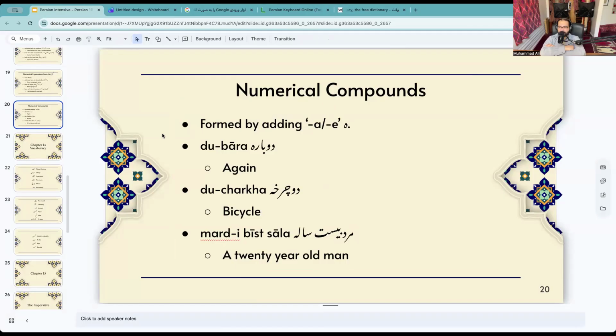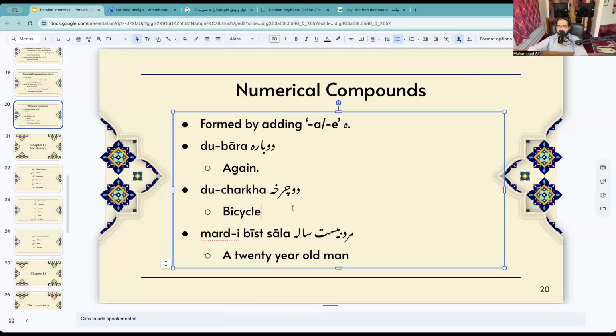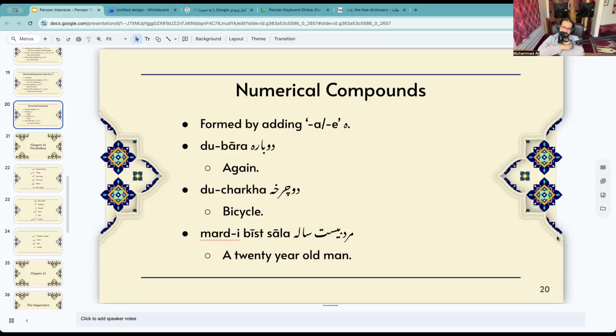Dobare means again. Docharch means 2 wheels. Docharche means bicycle. Mard bisale means a man that is 20 years old. If you say mard bisal, it means a man of 20 years, which doesn't make much sense.